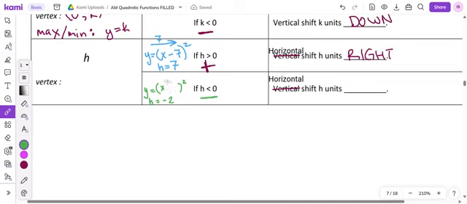And what do I write, everyone? +2. Everyone, what do I write in there? Good. Which direction is the parabola moving, everyone? Good. Kind of the opposite of what it looks like. We call this the horizontal translation.